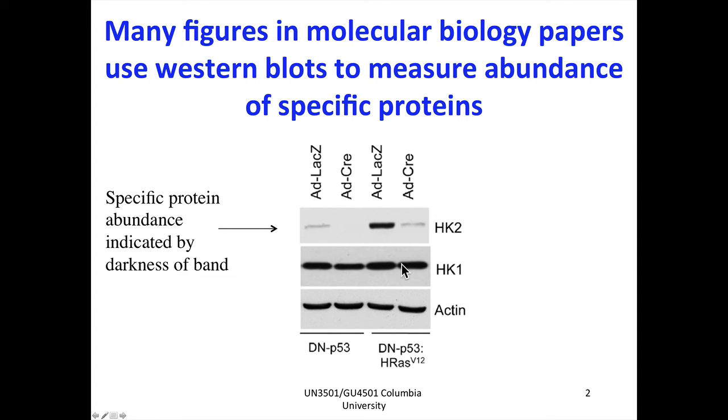Now, we know that this is something specific to hexokinase 2 because they showed us these nice controls. Hexokinase 1 is about the same in all the samples. Actin is about the same. So HRAS V12, when introduced into these cells, is causing more of the hexokinase 2 protein to be present.